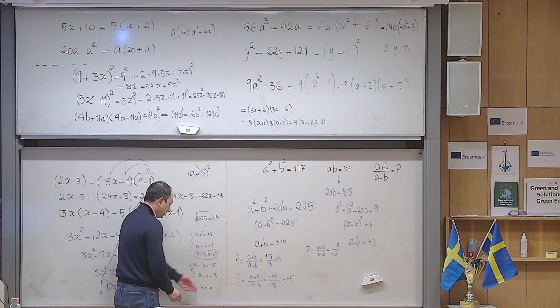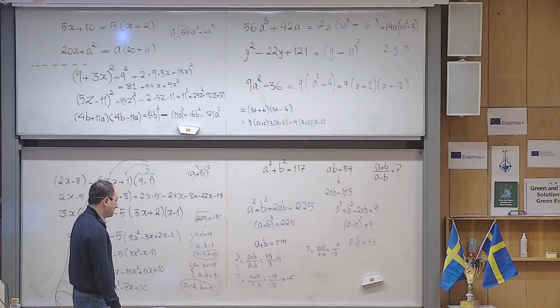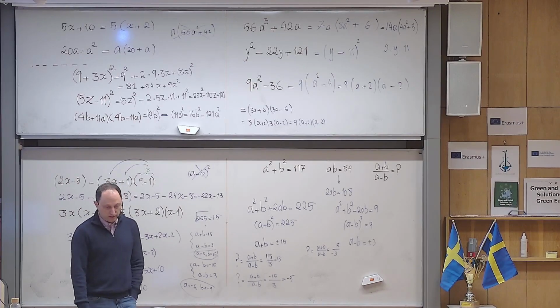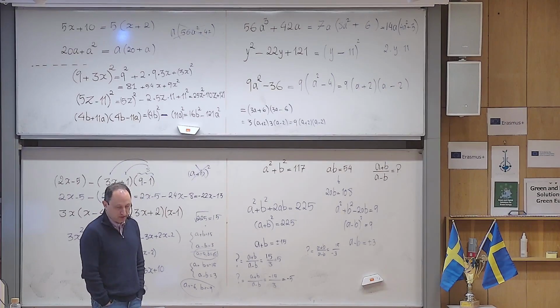And then I solve the other one, I get these two answers. So both of the answers are correct. So that is probably not a very good question. It's a good question, but it was ambiguous. They should have mentioned that A and B are positive or something like that.